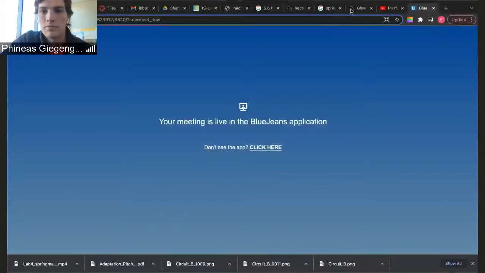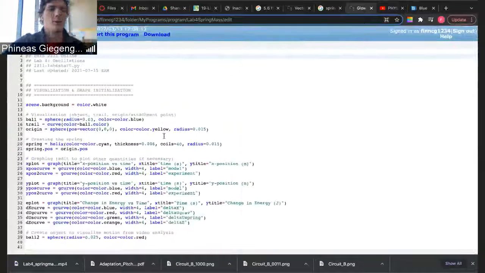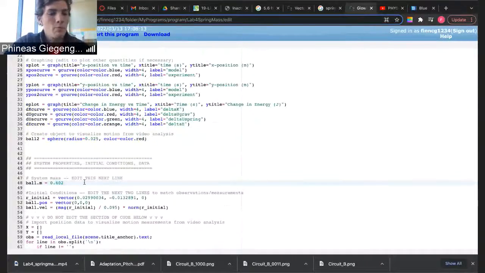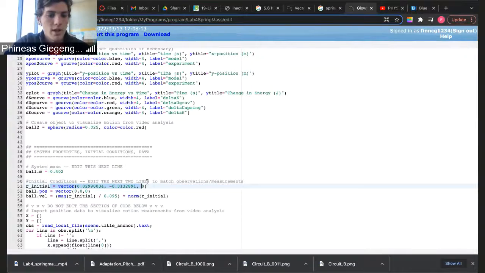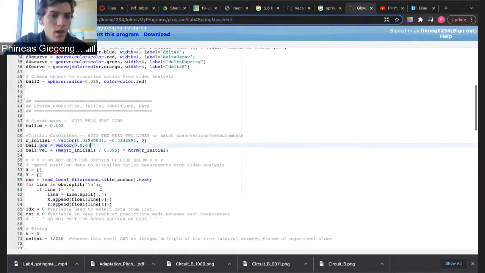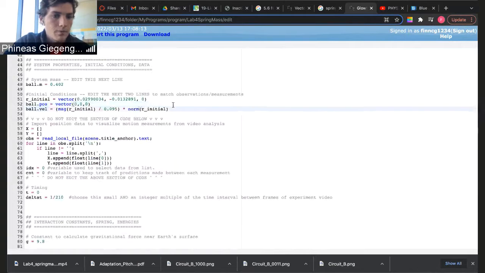I'm going to share my browser so you can see the GlowScript code. So here's the GlowScript code, and I'll just walk through it. You've got the mass of the ball, our initial position vector, which is where the ball begins in that video, and the initial velocity additionally.